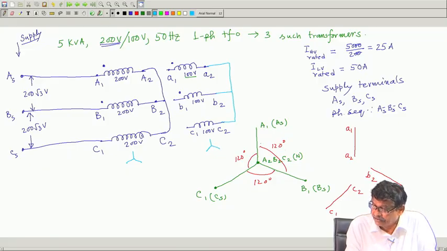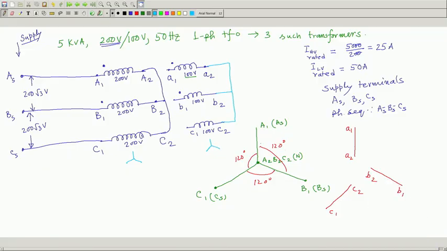Therefore, these 3 phasors, this and this, cannot now remain in isolation, but what will happen is this, it will be like this, that a2 is connected to b2 and c2.